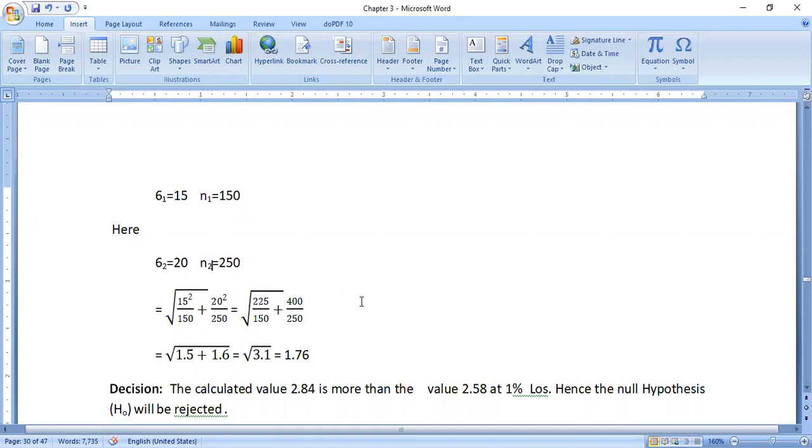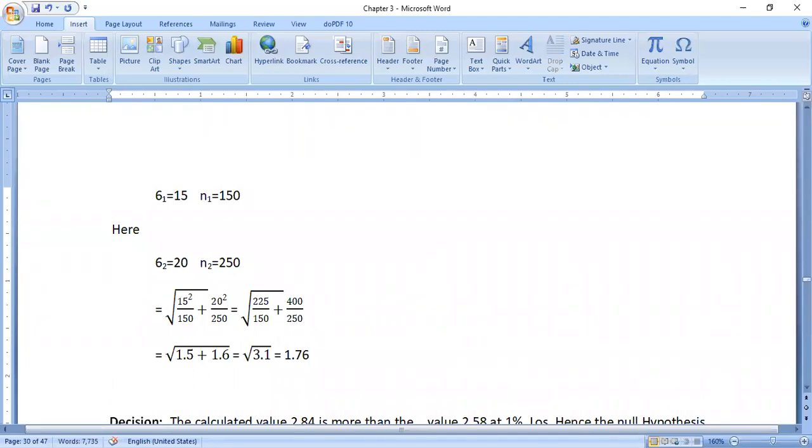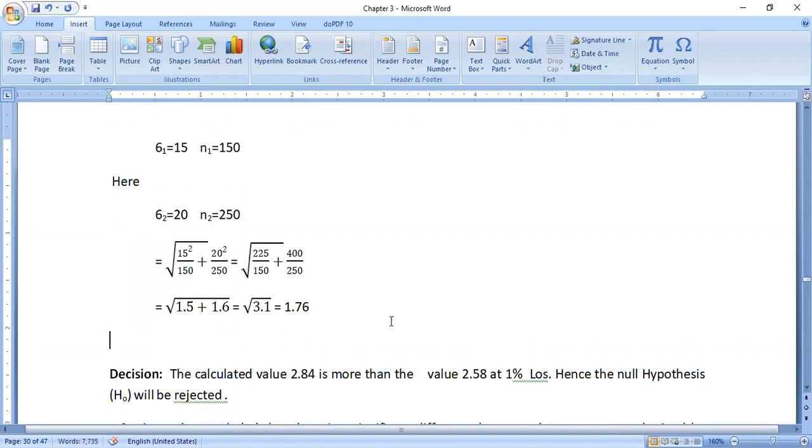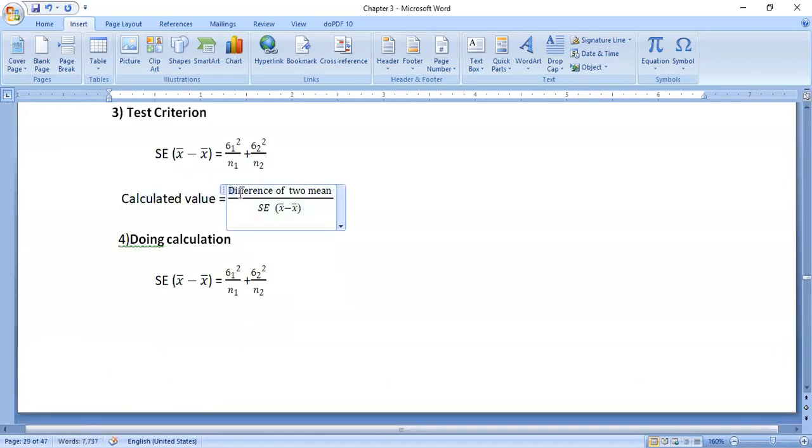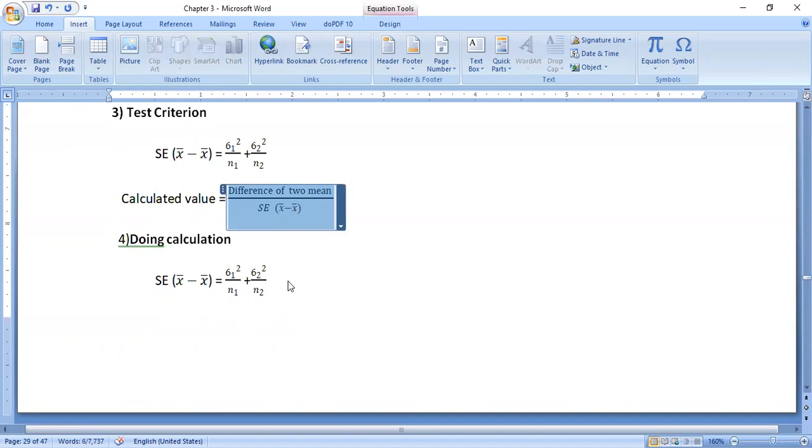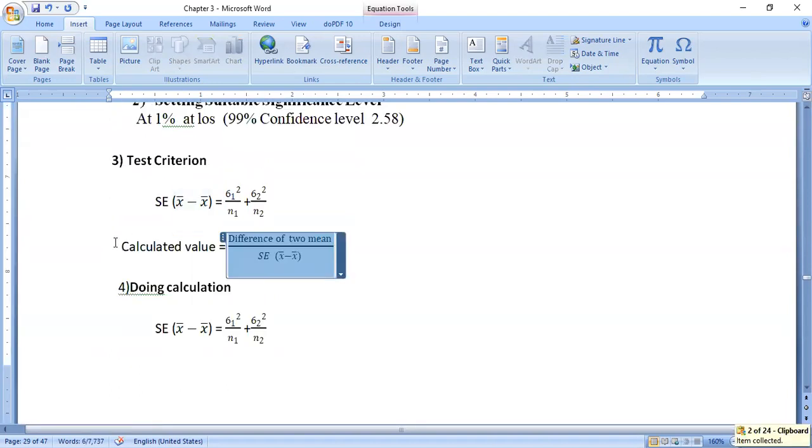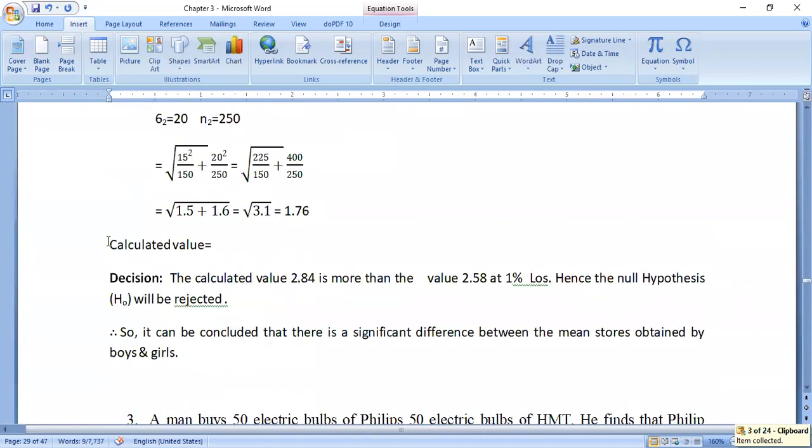Now the calculated value we need to find. Here we concluded the standard error of x bar 1 minus x bar 2 is 1.76. After this, we have to apply one more formula, that is, the calculated value is equal to the difference of two means divided by the standard error of x bar 1 minus x bar 2. So we need to focus on the two mean values here.